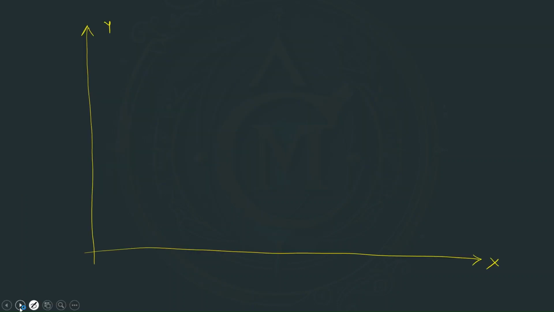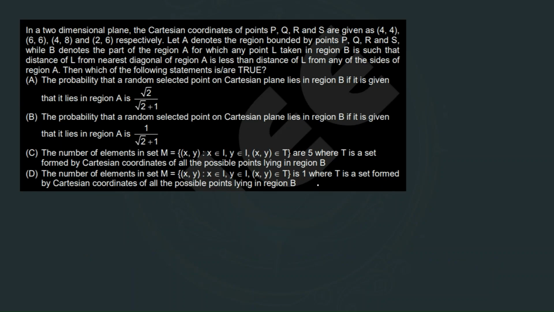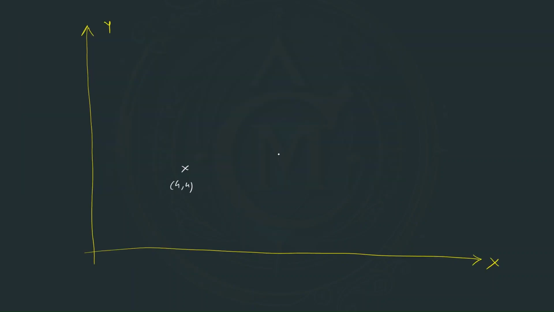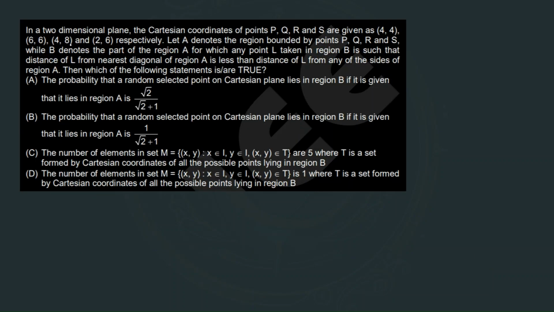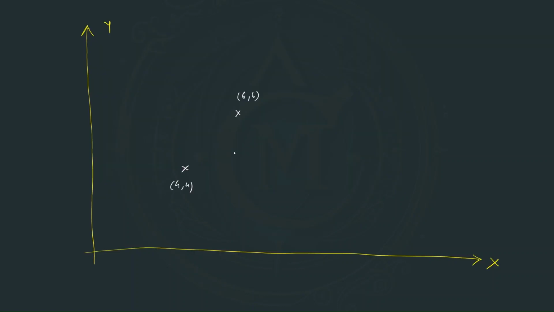Okay, so here let's say it is (4, 4) and it is (6, 6). Somewhere here, this is (4, 8) and (2, 6). So (4, 8) will be here and this (2, 6) will be here.